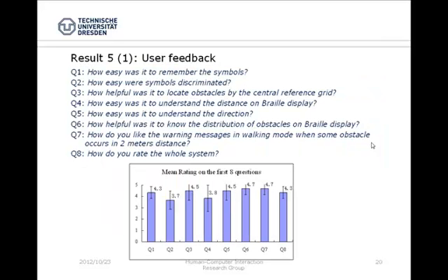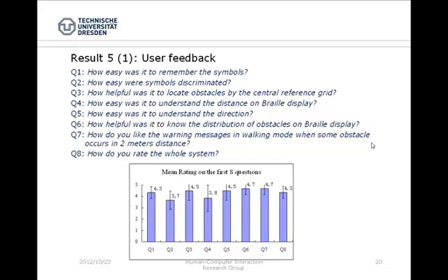So for the user feedback, they think they can easily remember the symbols, but the symbols are not very easy to tell apart. They think the center reference grid on the display helps them locate obstacles.